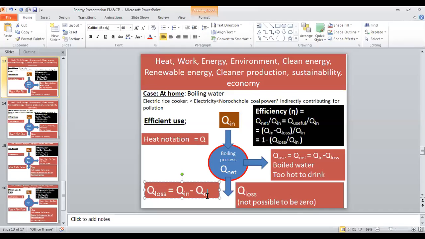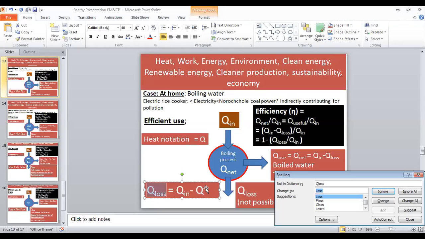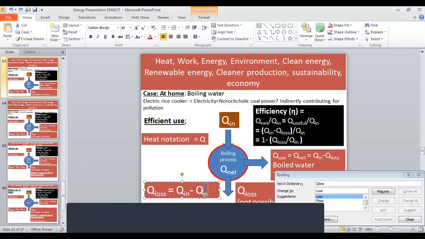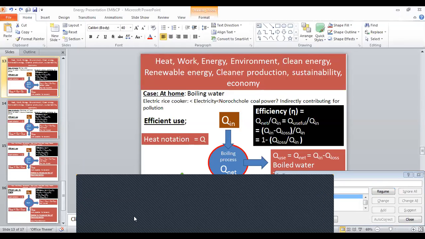Instead of Q net, we can write it as Q useful.